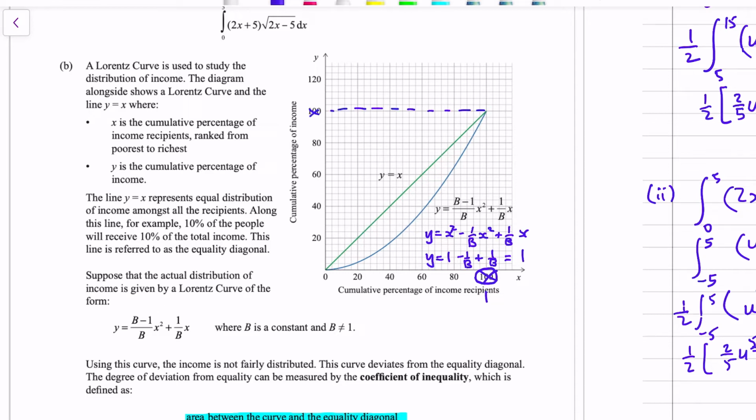Okay, so the axes are labelled incorrectly, which isn't helpful. But I think they've done that just so you can get your head around how the problem actually works in terms of the context.